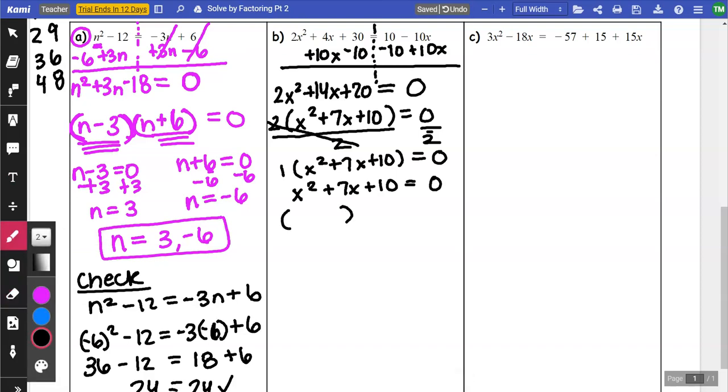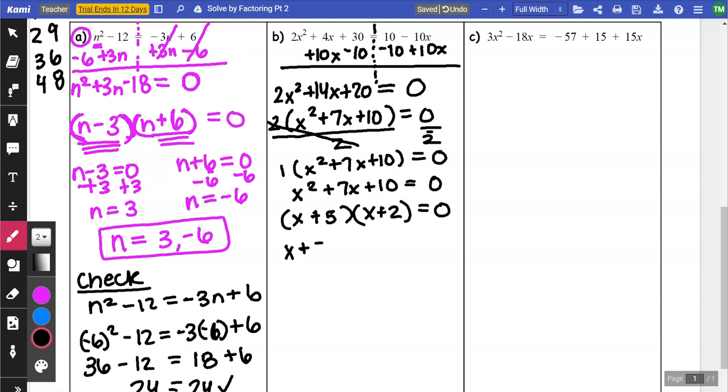So now we're going to go ahead and factor. X times x is x squared. And then go ahead and pause the video and hit play when you're ready to check your answer. So when you finished factoring this, you should have found that it's x plus 5 times x plus 2.